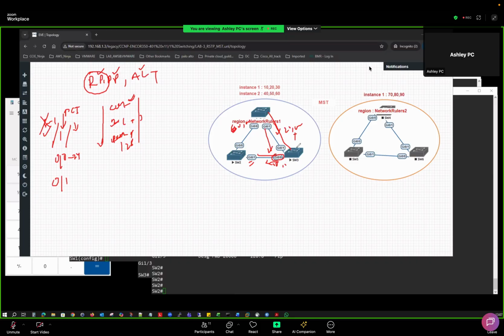So 20,000 plus 20,000 becomes 40,000. Is 40,000 lower than 60,000? Technically, this port becomes the root port, and this port becomes your DP. That is the port role we are going to change. That's why the single thing we do is increase the cost from this port only. Technically, we are absolutely correct.